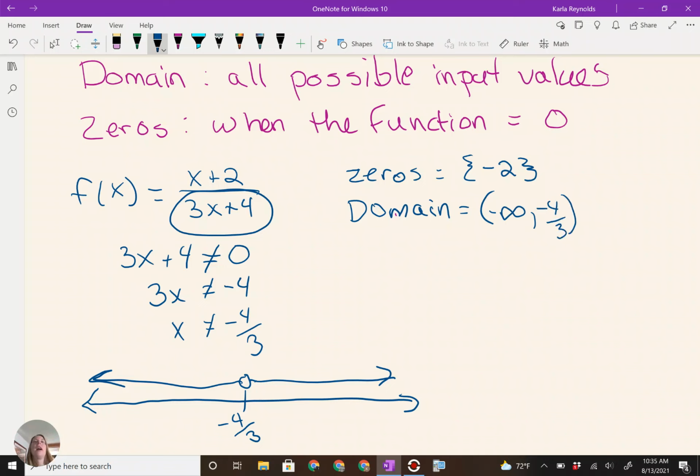If you're not totally comfortable with interval notation yet, the main thing to remember is a parenthesis is like the open circle. It means you're not including the value, and a square bracket means you're including the point. Infinity is always a parenthesis because you can't actually get to infinity. But here we don't want to include negative 4/3, so we use a parenthesis. And there's our domain.